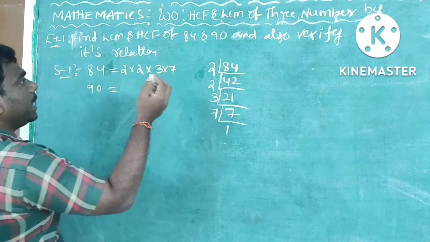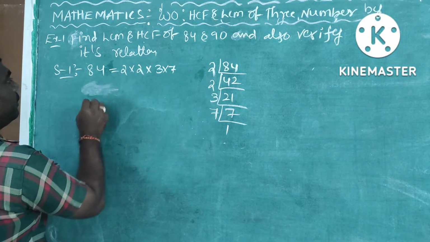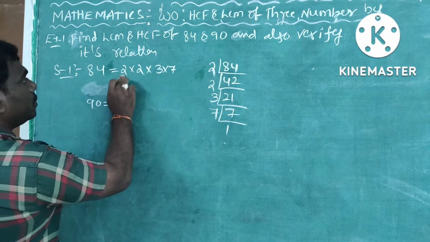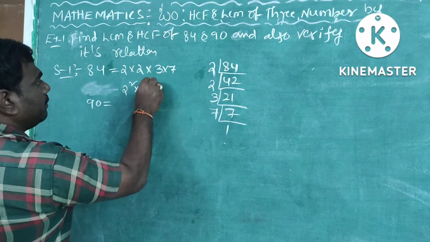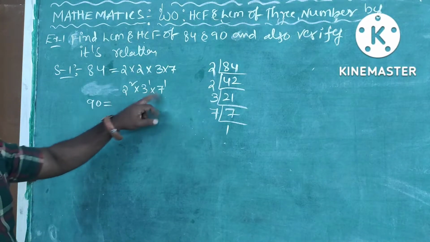I can write this in the form of unique factorization: 2 into 2 is 2 square, 3 repeats one time, and 7 repeats one time.